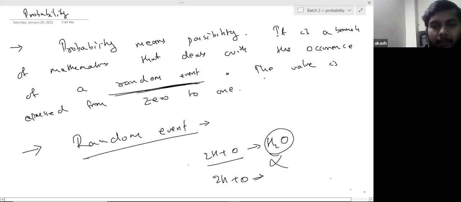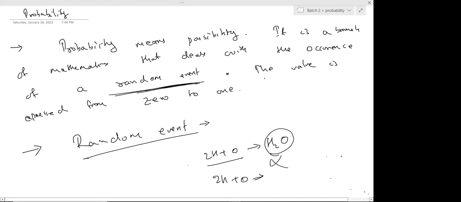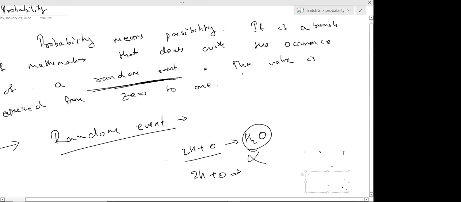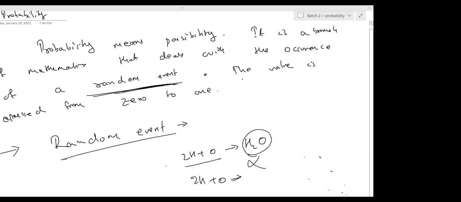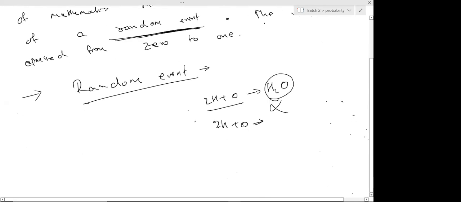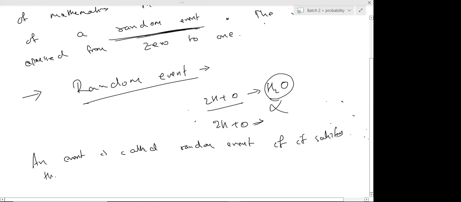All right, write it down. An experiment is called a random experiment or random event if it satisfies the following two conditions.